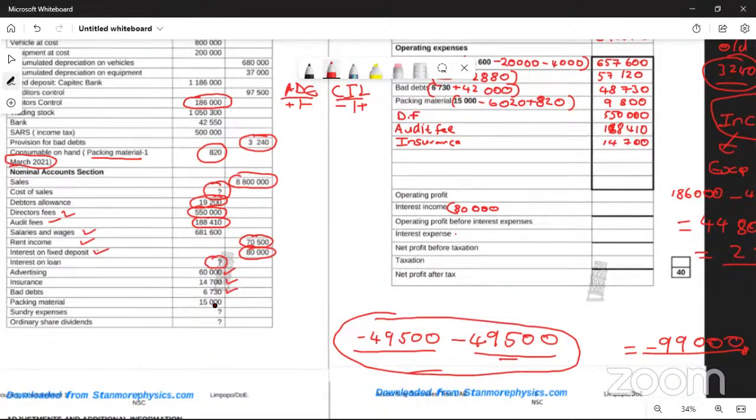Then we have packing material, and then sundry expenses.